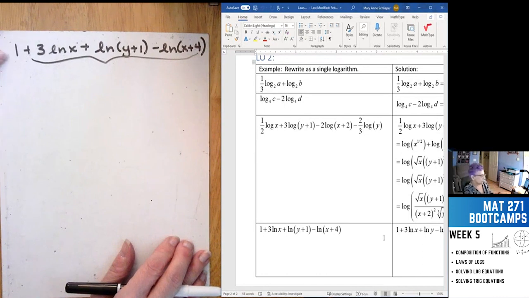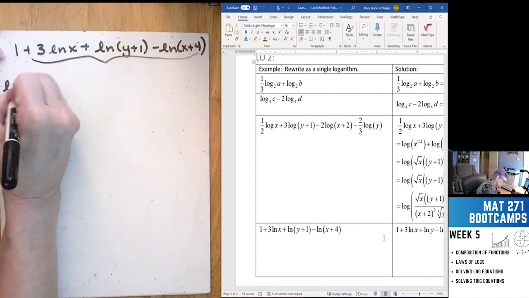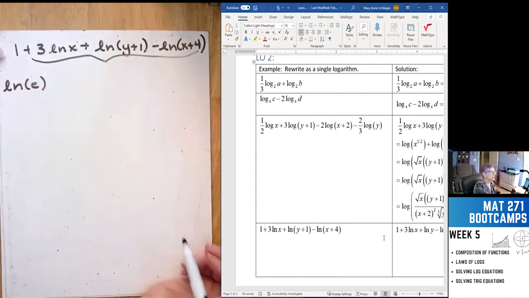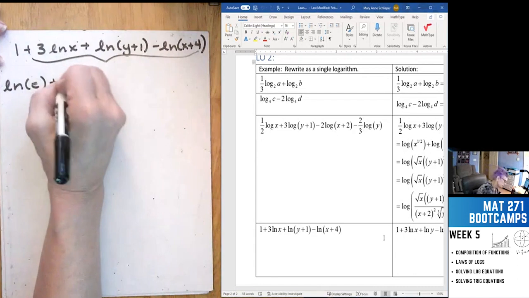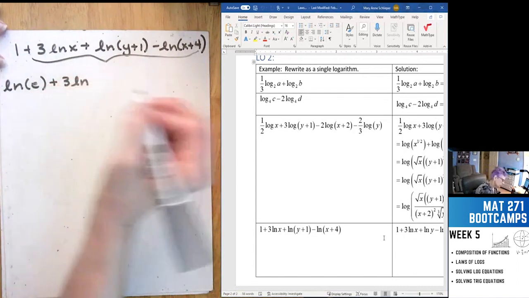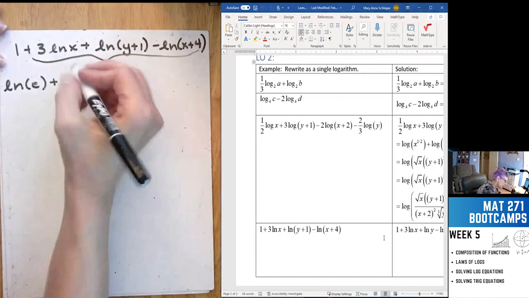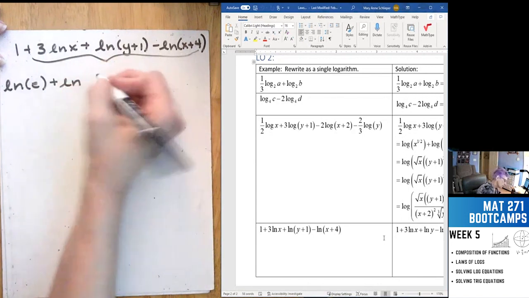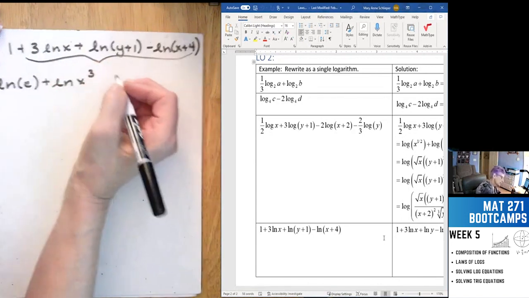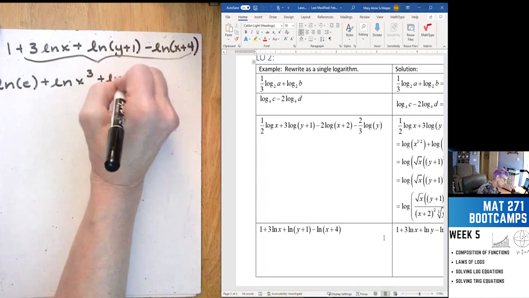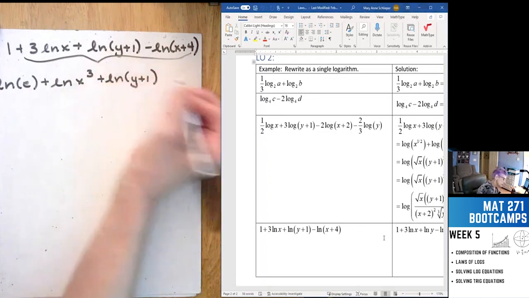I want to rewrite 1 as the natural log. Well, natural log of e is equal to 1. And since I'm rewriting it anyway, let's go ahead and do ln of x cubed. That's as simple as it gets.